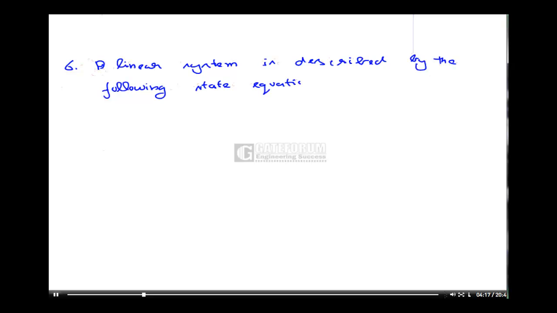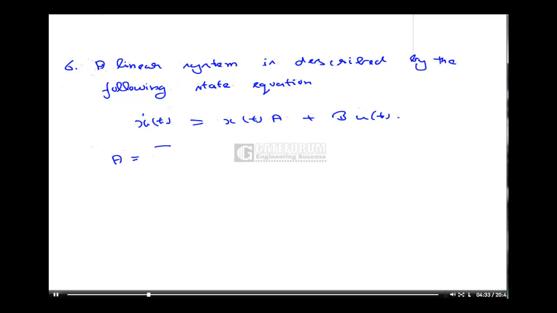A linear system is described by the following state equation, x dot equal to A x plus B u.